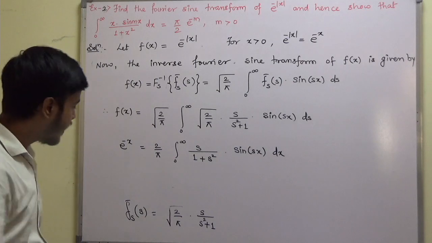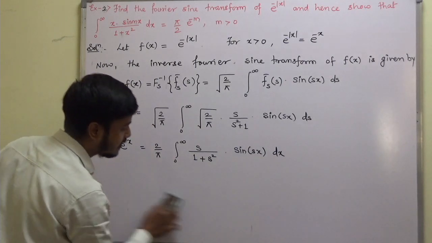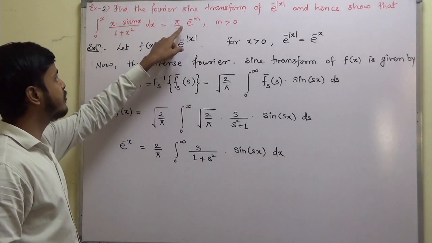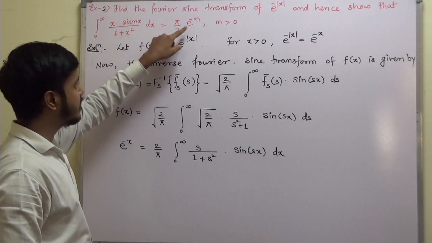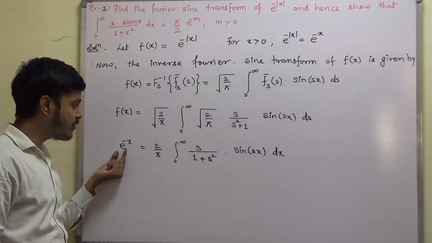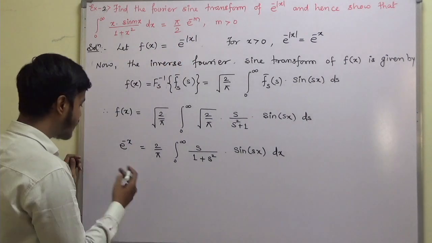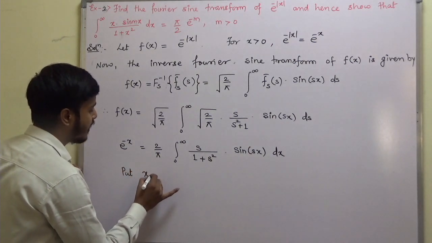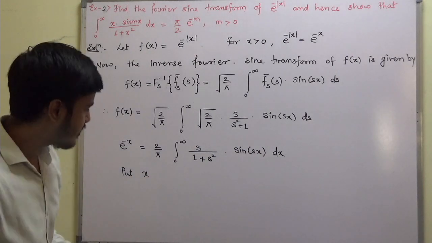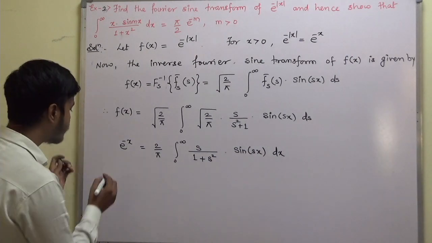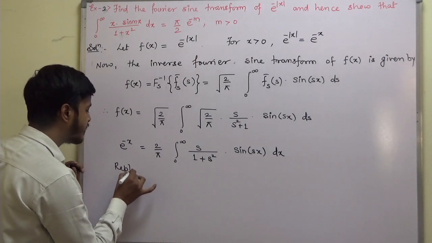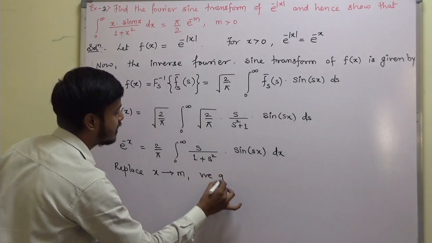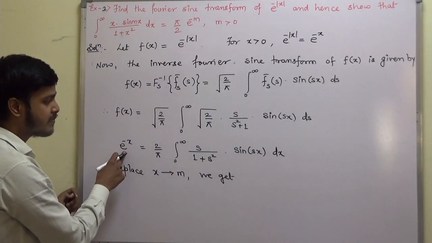Okay, now look at the result that we have to prove. In the result we have to prove something is equal to pi by 2 e to the power minus m. We have e to the power minus x. So the very first thing that you can do is, instead of substituting, you can just replace x by m. So what do we get when you replace x by m?